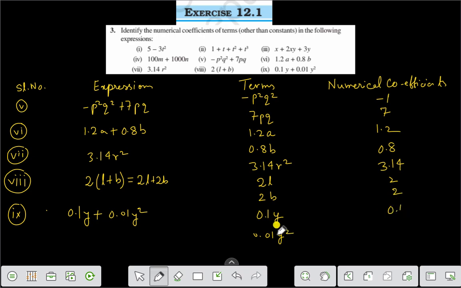And y square is multiplied with 0.01, therefore the numerical coefficient will be 0.01. In this way, you can find the various numerical coefficients in the given expressions.